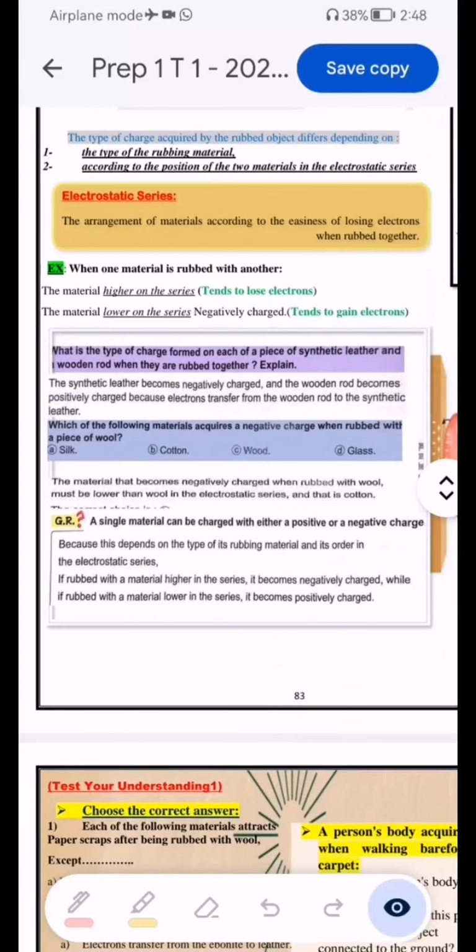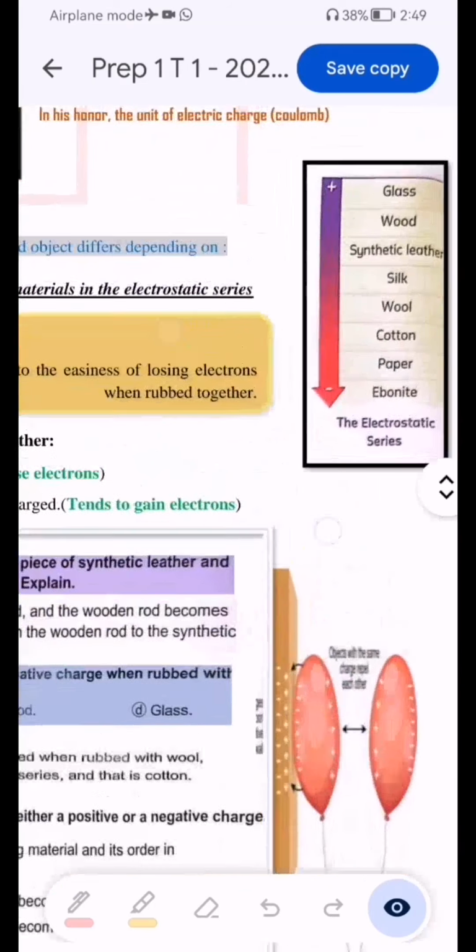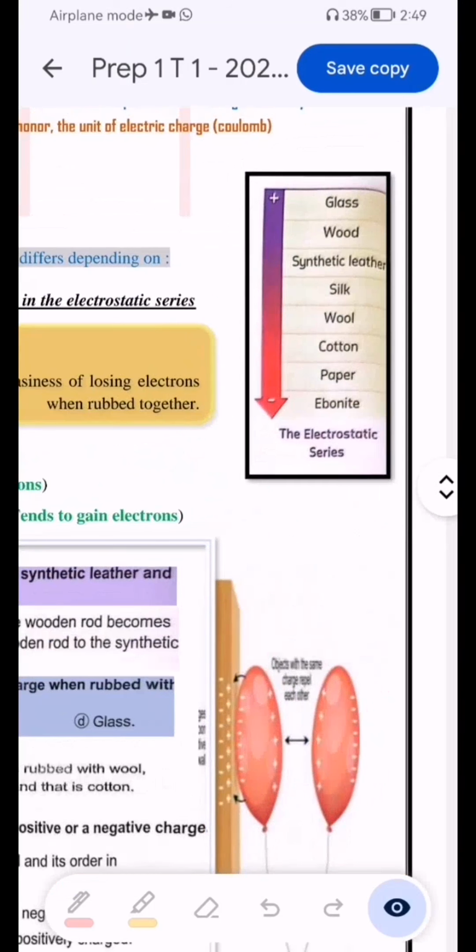What is the type of charge formed on each piece of thin stick leather and wooden rod when they are rubbed together? Explain. We rub thin stick leather and wooden rod. Look at the series. Wood is higher than thin stick leather. So the wood will what?